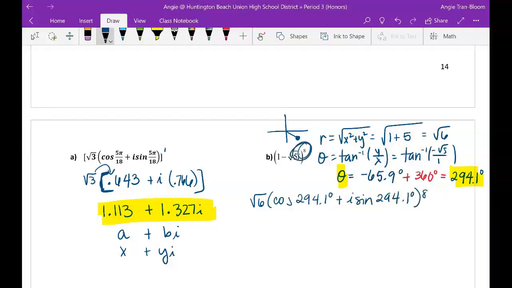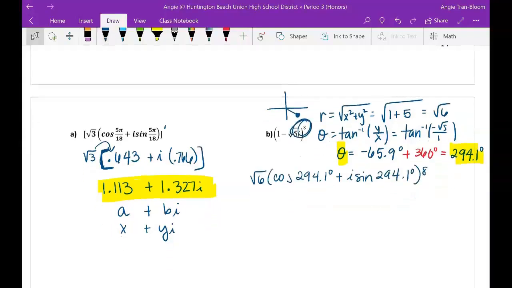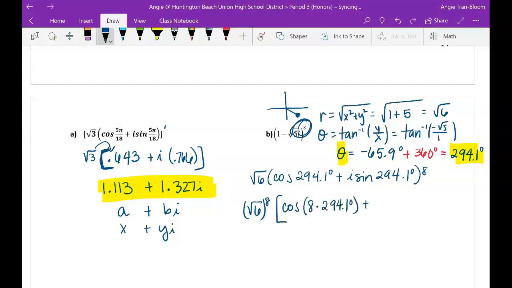We haven't done that yet. Based on De Moivre's theorem, we take the radius and raise it to the power of 8, then multiply 8 by each angle. So 8 times 294.1 degrees in the cosine, plus i times sine of 8 times 294.1 degrees.